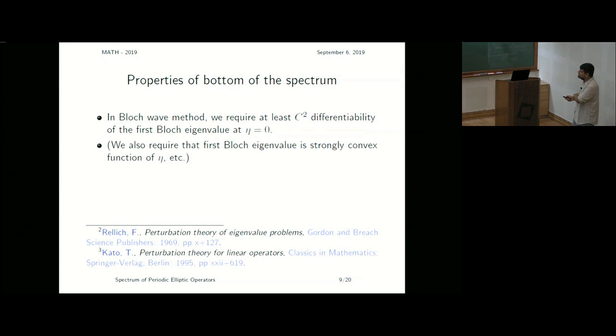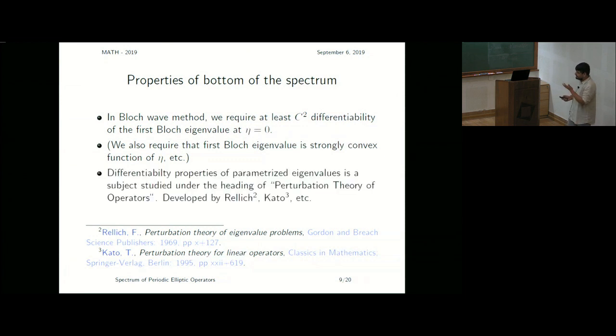We also need some more properties, for example, we need the Hessian of the first Bloch eigenvalue at 0 to be a positive definite matrix. This area, where one considers parametrized eigenvalues which depend on a parameter and then considers their differentiability properties, comes under the heading of perturbation theory of operators, and it was developed by Rellich and Kato.